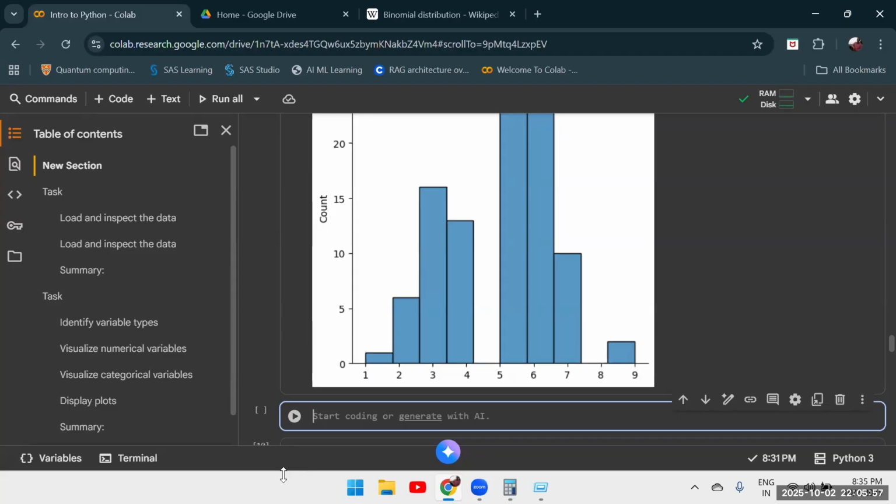See, discrete data is mostly countable values. For example, shoe size of people: it will be 6, 7, 8, 9, 10, 11, depending on the size of your leg. So this is basically a countable value.